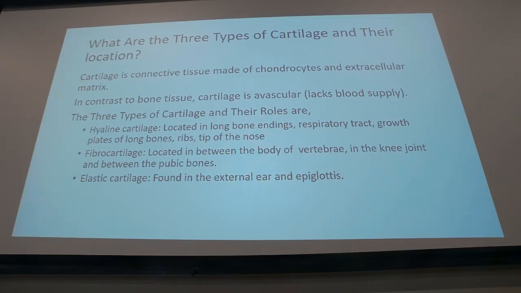Elastic, we have it in our ears. Not in our earlobes, but in the ears. So that's why they flap back after you bend them anteriorly. Another place where we have elastic cartilage is in the epiglottis. The epiglottis is a cartilage that closes the larynx, the voice box.